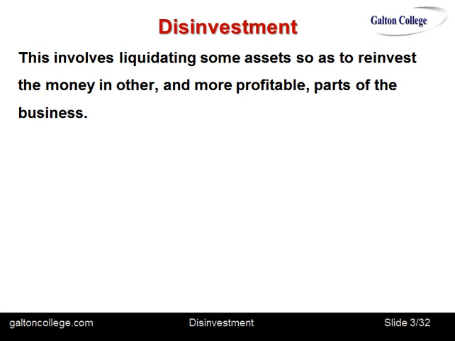So it's readjusting the portfolio of assets. It's liquidating, disposing of the poorer performing assets and reinvesting the realized capital from the disposal of those assets in the more successful parts of the business.